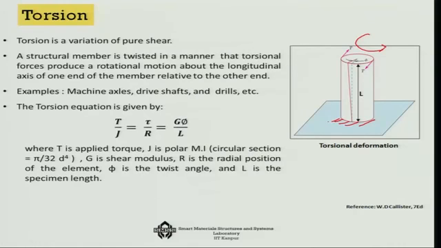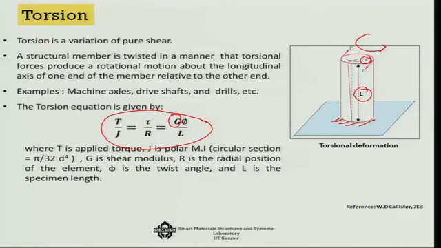So, this kind of a thing where there is again a relative movement between the two surfaces is standard of any torsional situation, and it is generally governed by a standard relationship for very small twisting angle. When the twisting angle is not very high, torque over the polar moment of inertia equals the shear stress tau over r, and that equals the shear modulus of elasticity G times phi over L. Phi is that angle of twist, over the length L of the sample.